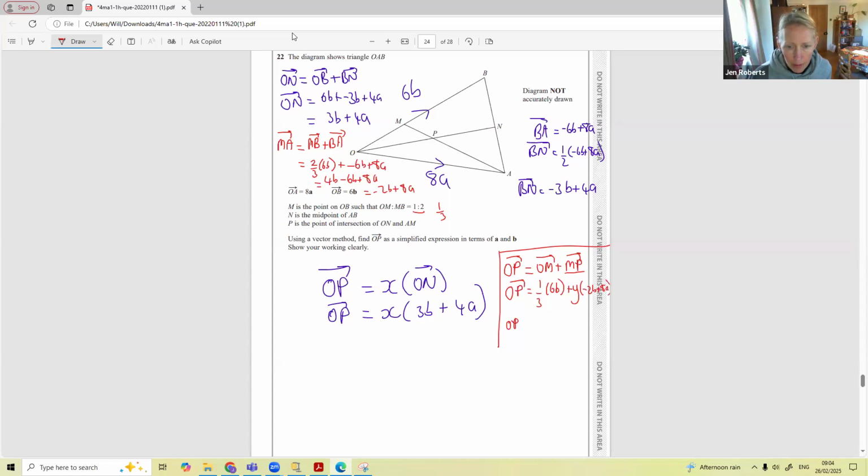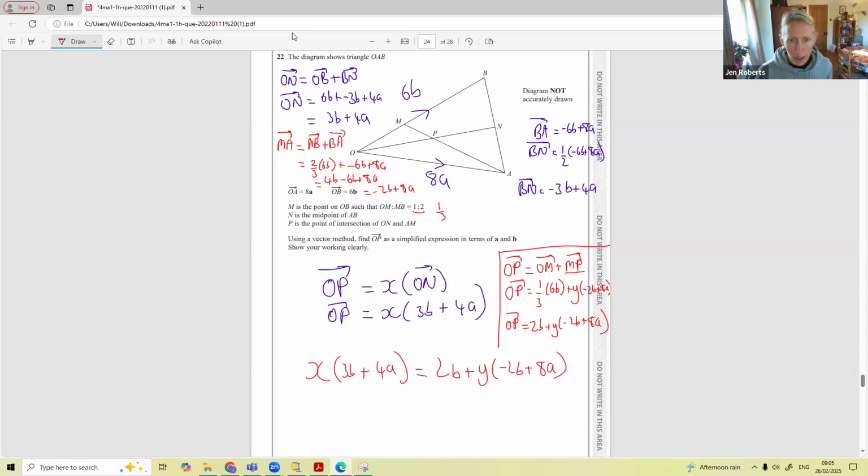O to P: a third of 6B is 2B, plus Y(minus 2B plus 8A). Now, can you see I've got OP in two different ways? So I'm going to put these equal to each other, because I know X(3B plus 4A) equals this over here.